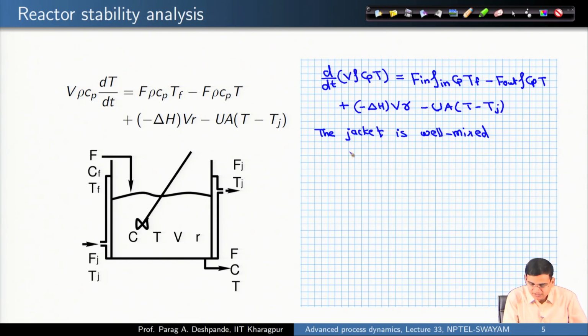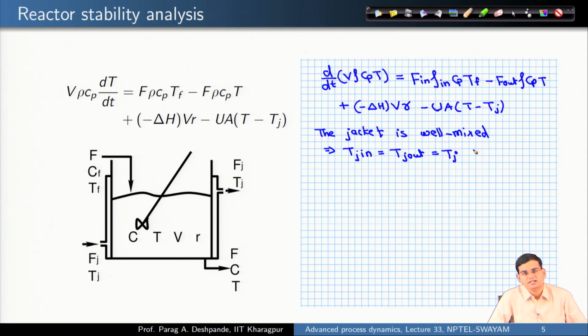In other words, I can write T jacket in, which I had written in the previous analysis, would be equal to T jacket out, and this has been simply represented by T j.